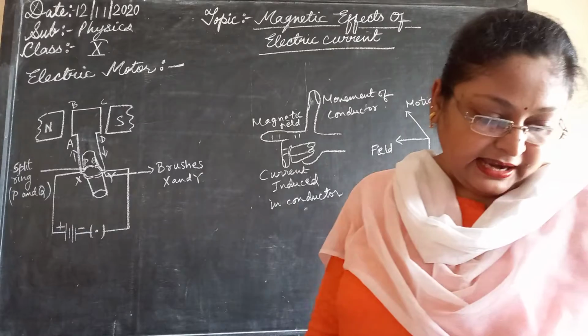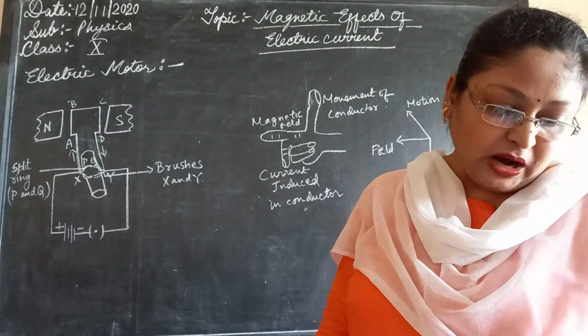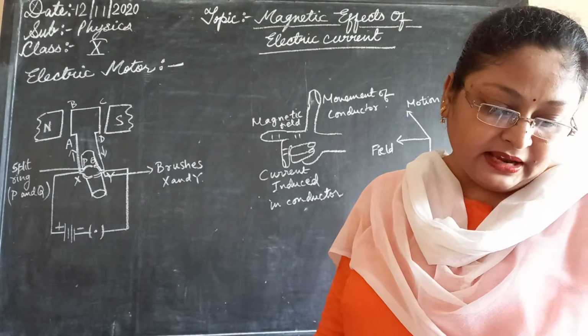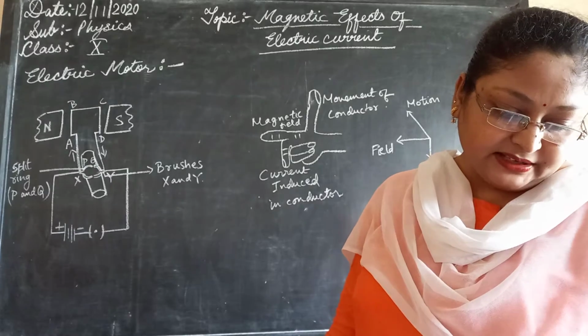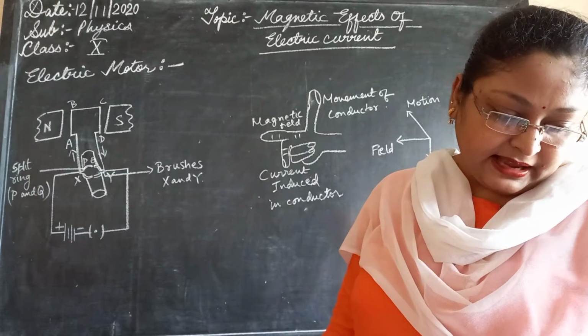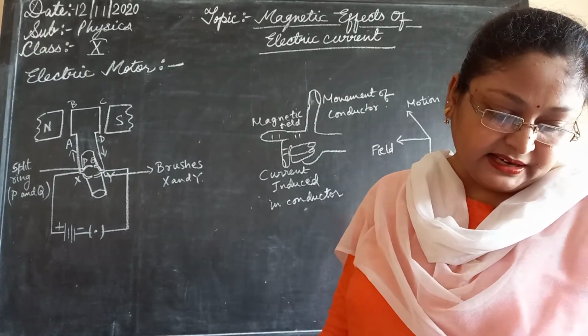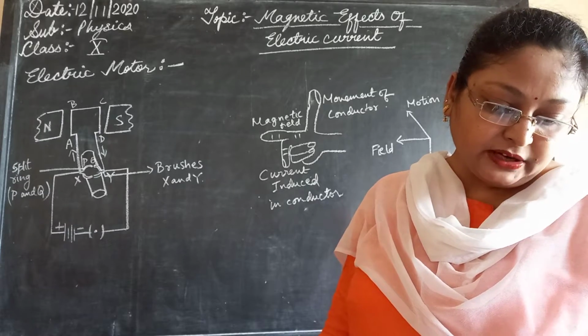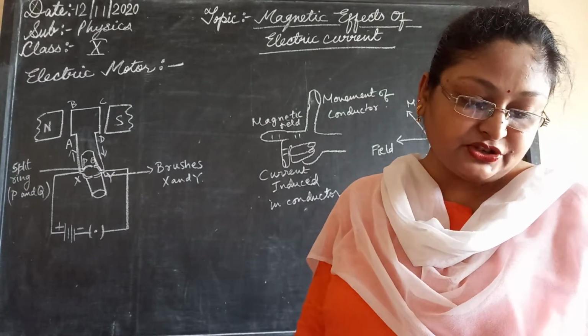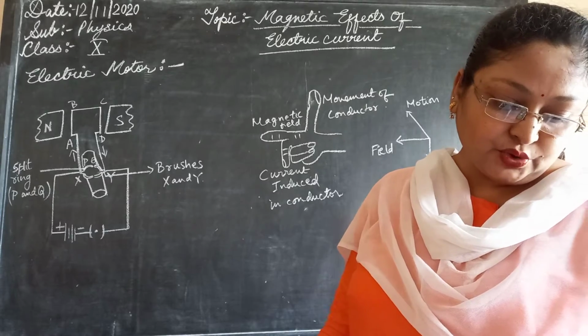The ends of the coil are connected to the two halves P and Q of the split ring. The inner sides of the halves are insulated and attached to the axle. The external conducting edges of P and Q touch two conducting stationary brushes X and Y respectively, as shown in the figure.